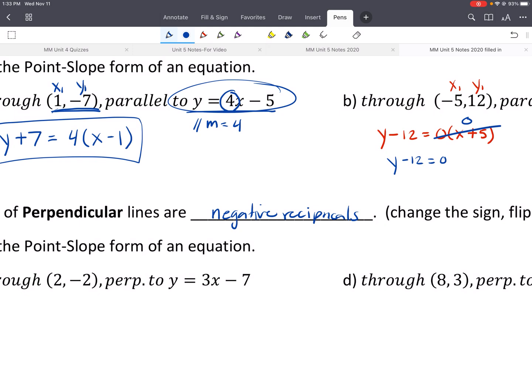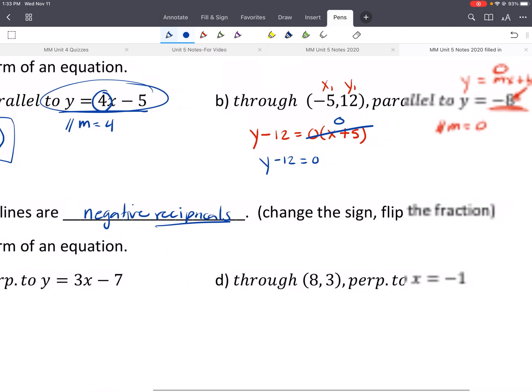So if something is positive and we want to find its perpendicular slope, then we will want to change its sign. The slope will now become negative. Or if the slope was already negative, we'll make it be positive. Reciprocals are like where you flip, okay? So we change the sign and we flip the fraction.